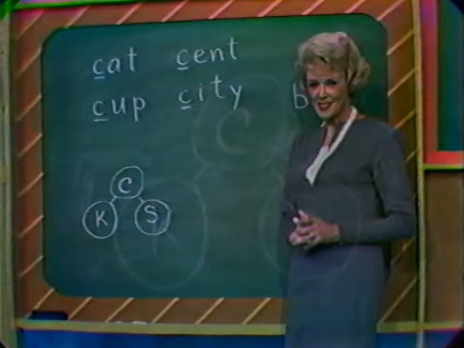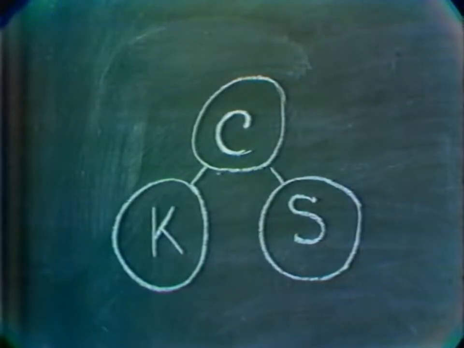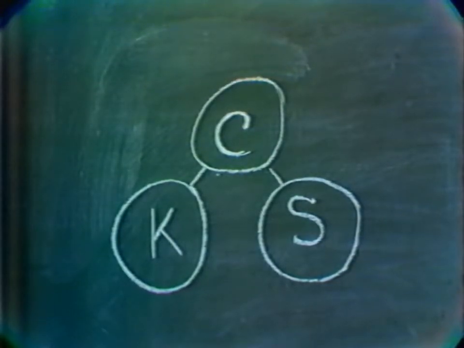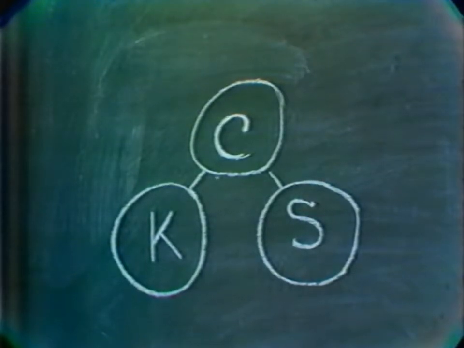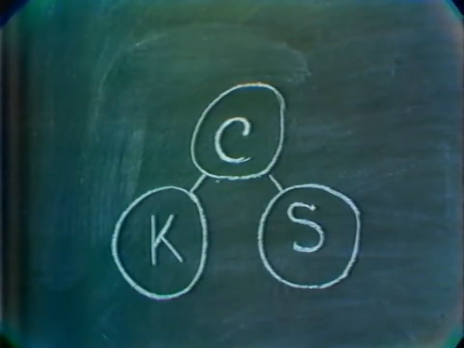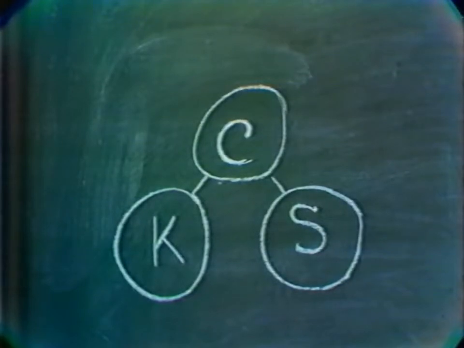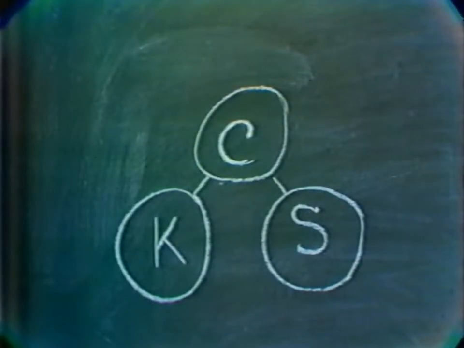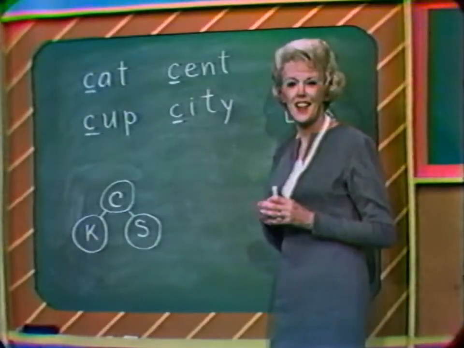Poor little C, all alone, no special sound to call its own. Sometimes it's K like K. Sometimes it's like S. But there's a very simple rule, so you don't have to guess.